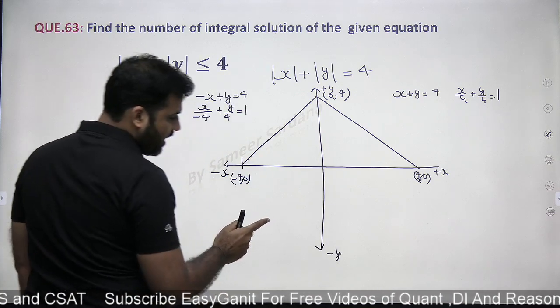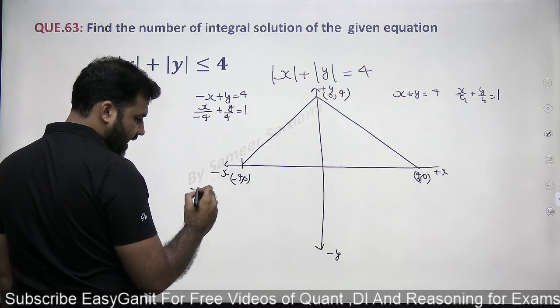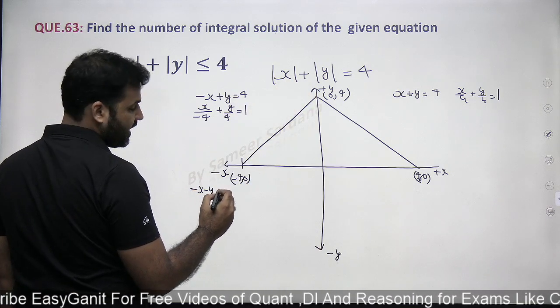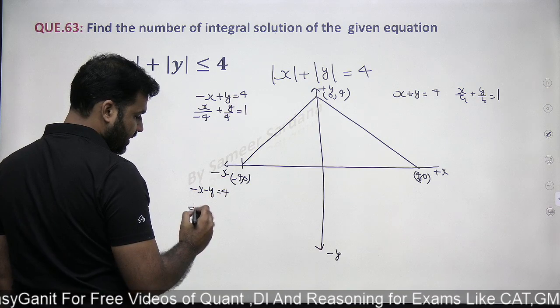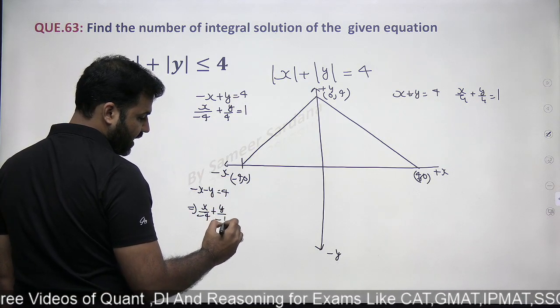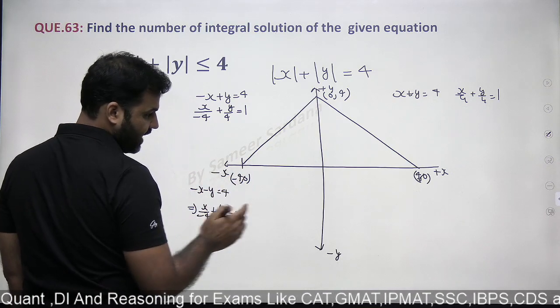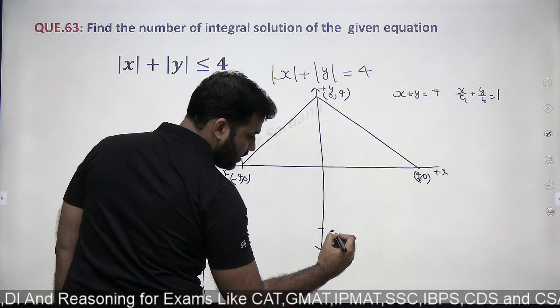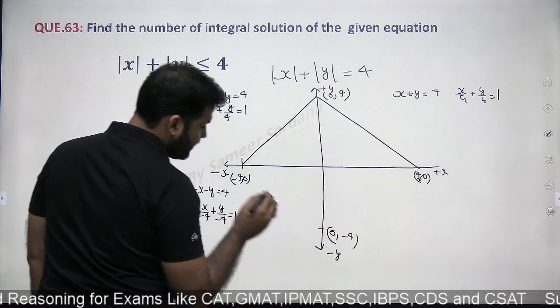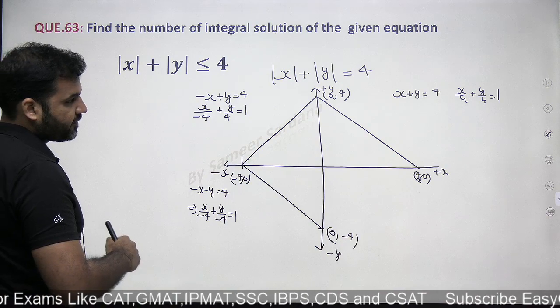In the third quadrant, both x and y are negative. So both the mods will be opened with the negative sign. So this will be minus x minus y is equal to 4. Then you can say that this is x upon minus 4 plus y upon minus 4 is equal to 1. On x we have minus 4, 0. On y we have 0, minus 4. Draw this line and this will be the graph in the third quadrant.